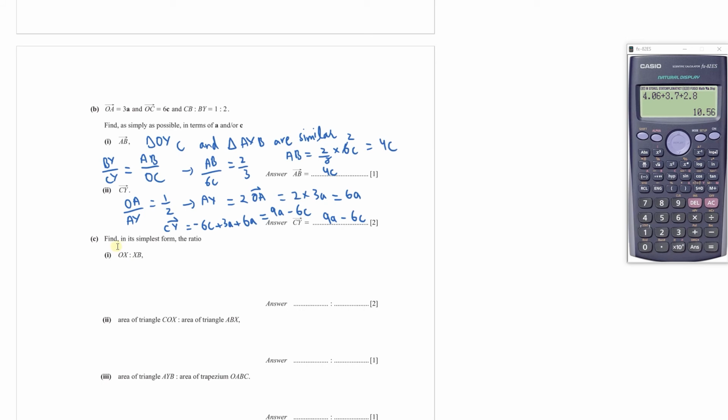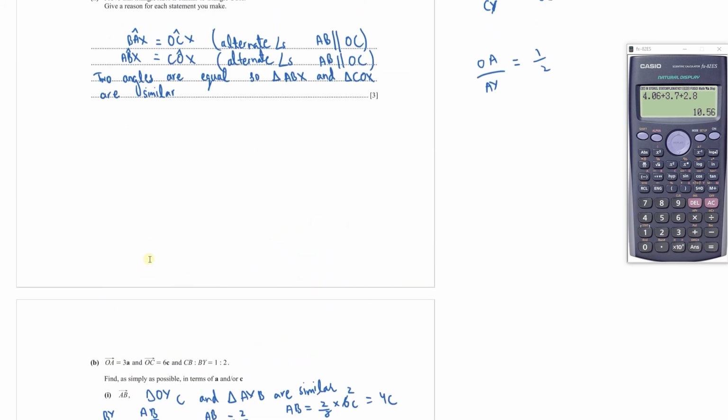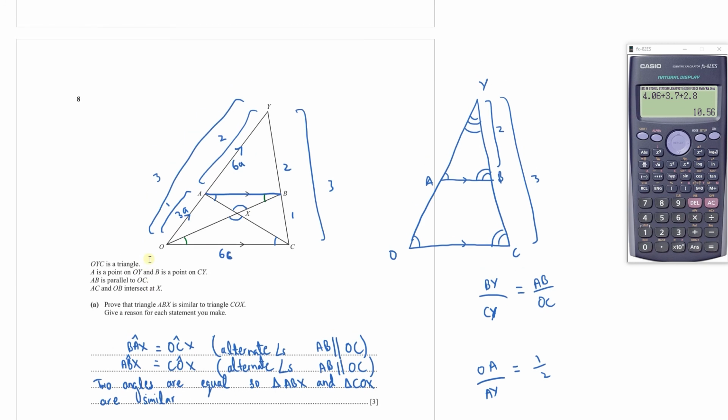Part C is find in its simplest form the ratio OX ratio XB. So you're looking for this ratio OX ratio XB. Again, these are two similar triangles, triangle AXB and triangle OXC. So let me write it down here.